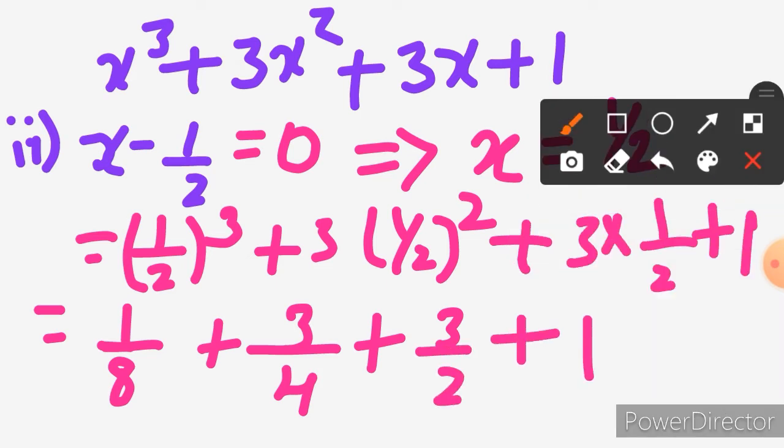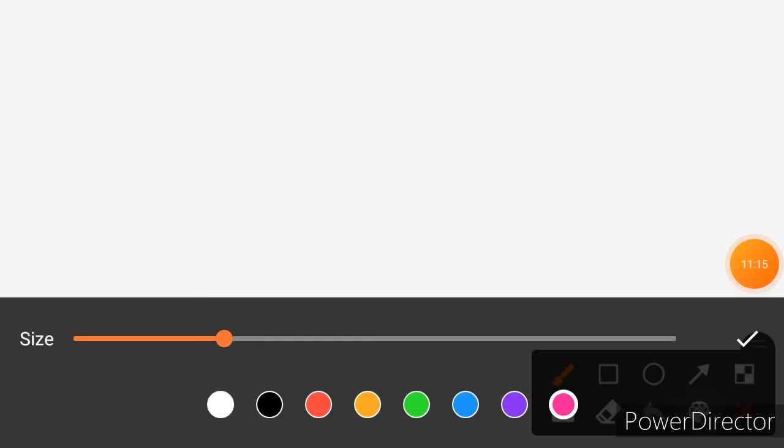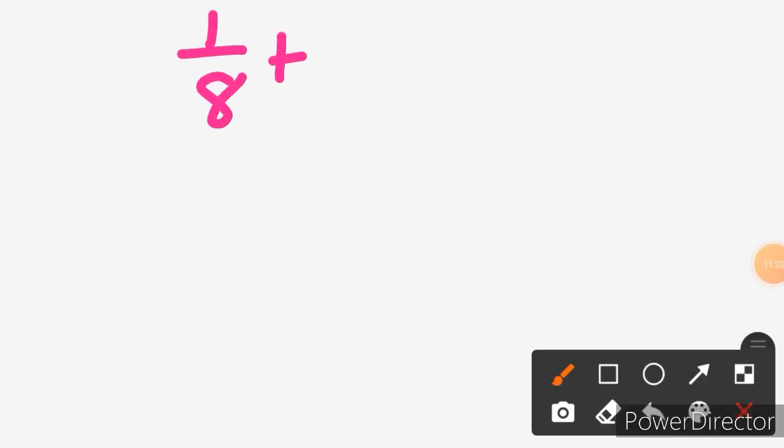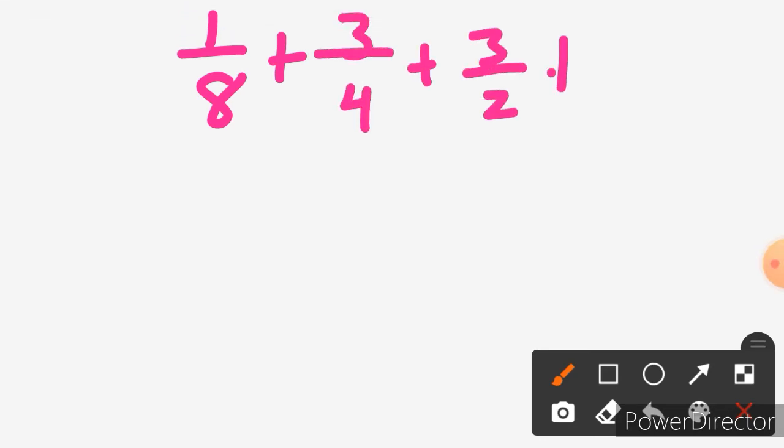Am I correct? Now if I simplify this, let me write down what I had before once again here: 1 by 8 plus 3 by 4 plus 3 by 2 plus 1.